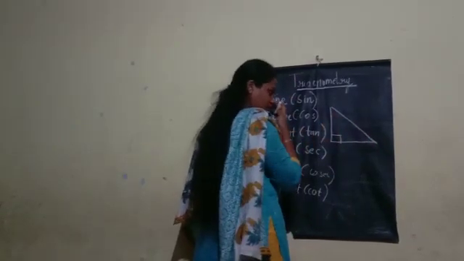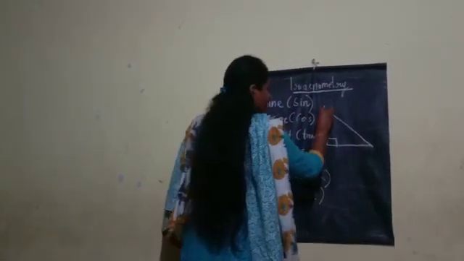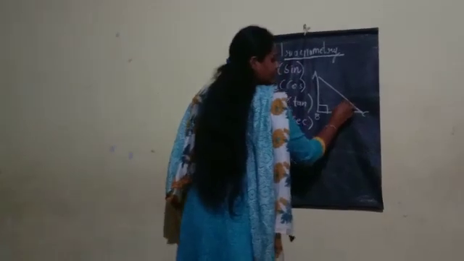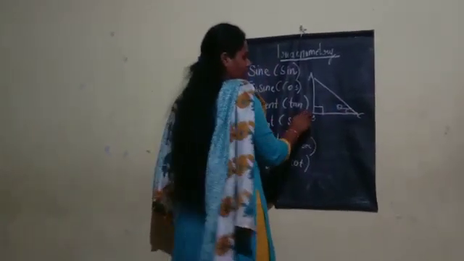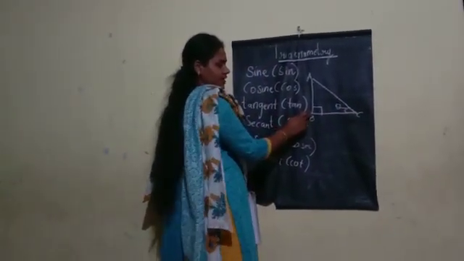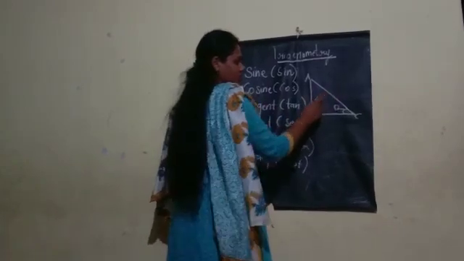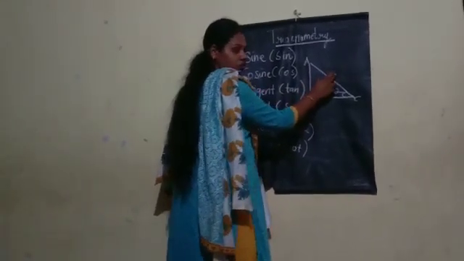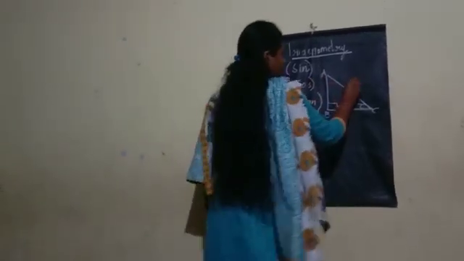We can name these sides as A, B and C. This angle is theta. This is the right angle, and the side which is opposite to this right angle, we call the hypotenuse.